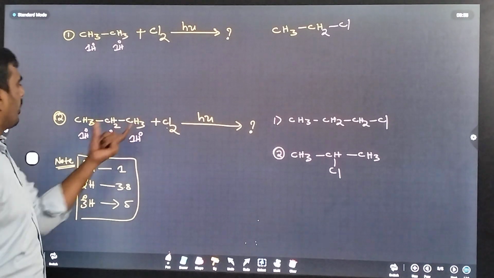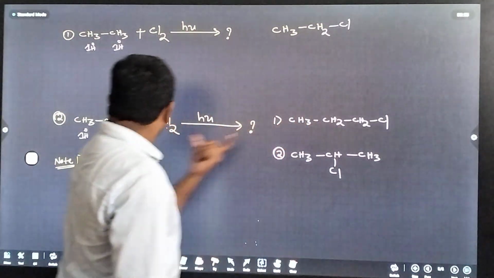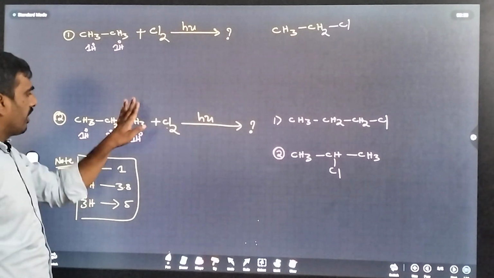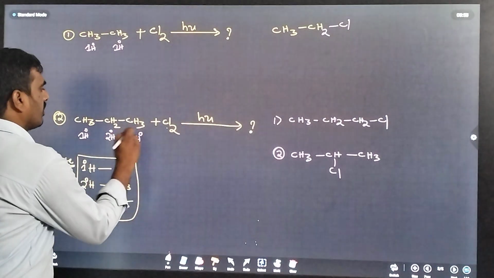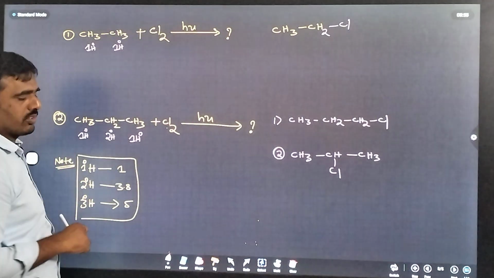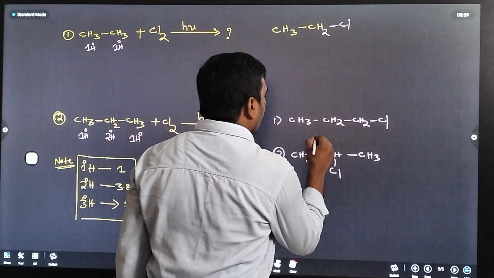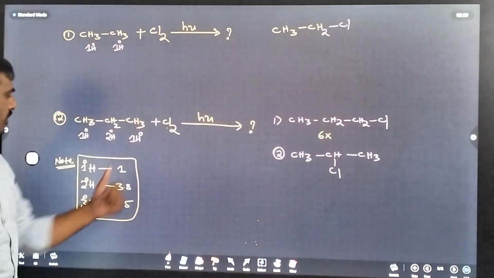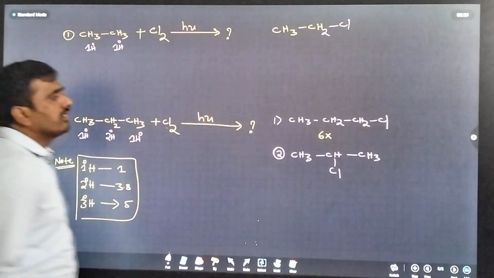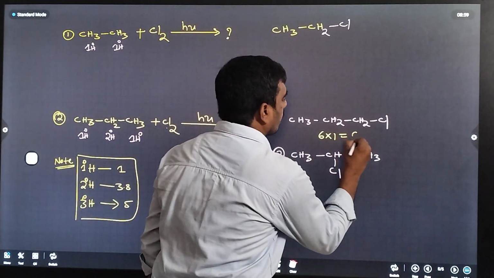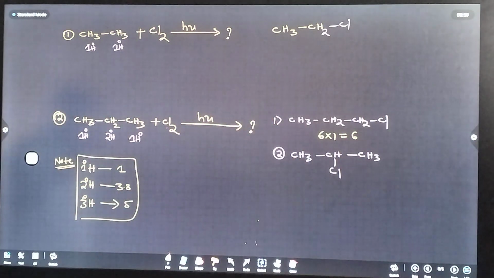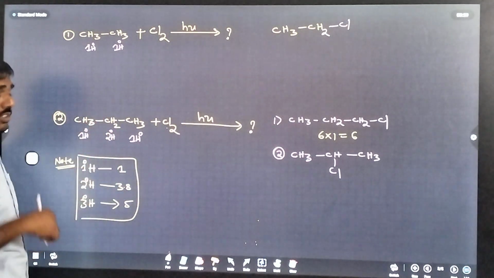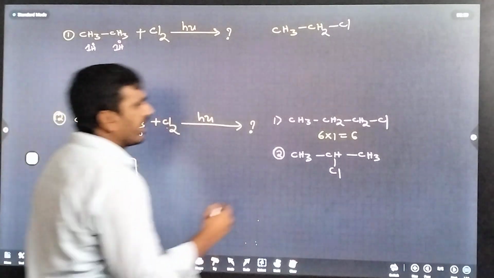In the first product, how many primary hydrogens are there? These are 3 primary hydrogens and these are another 3 primary hydrogens, so total 6 hydrogens. The primary hydrogen value is 1, so 6 into 1 equals 6. Now secondary hydrogens: how many are there? 2 secondary hydrogens.